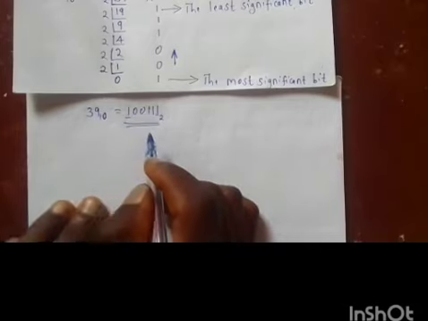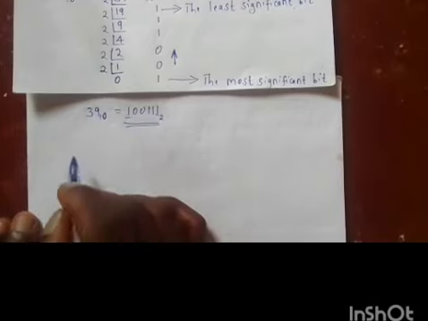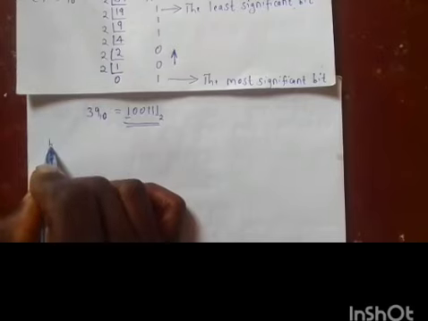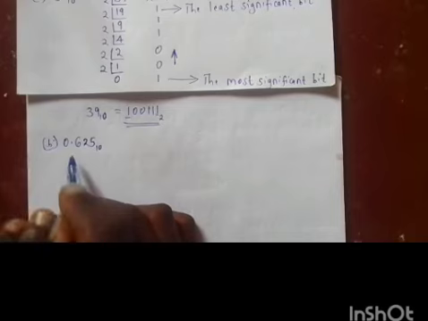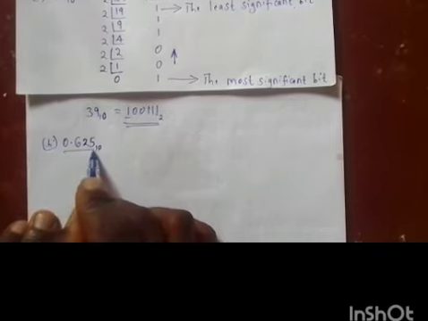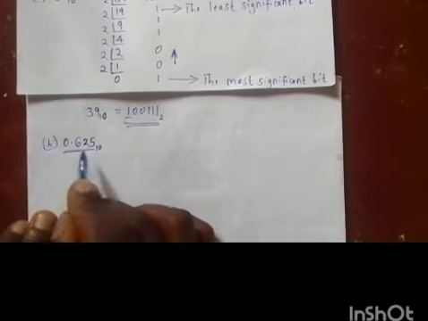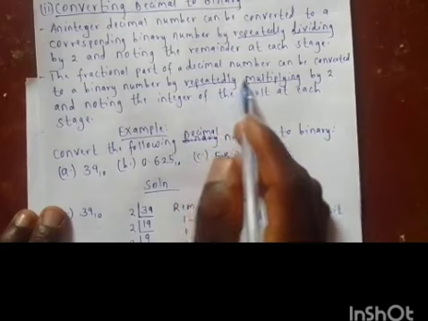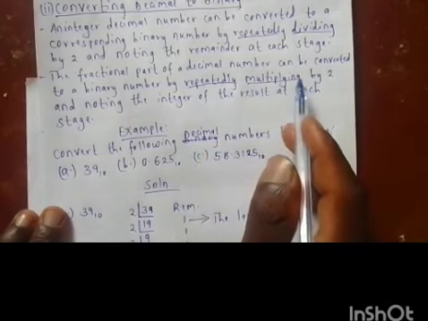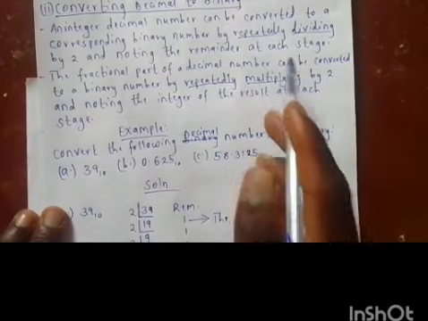Right, so let us move to the second number. This number is a fractional number. As we said, for a fractional number, we repeatedly multiply by 2. We are not going to divide. So let us see.